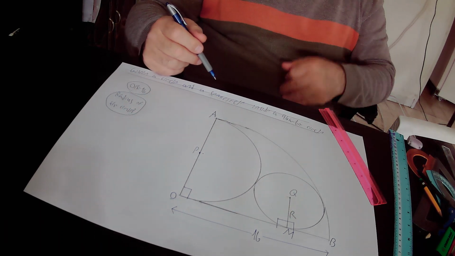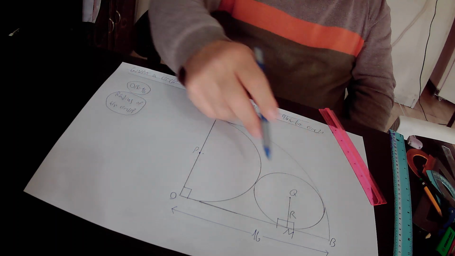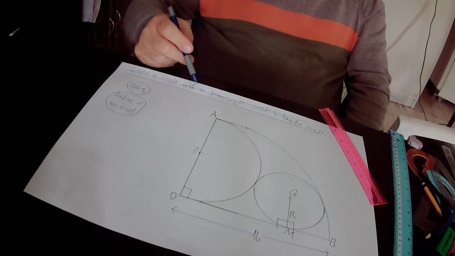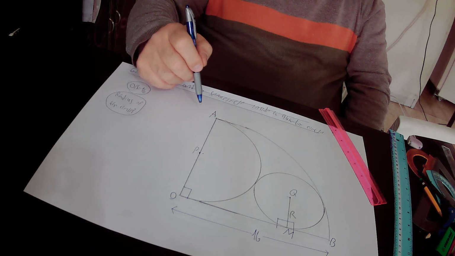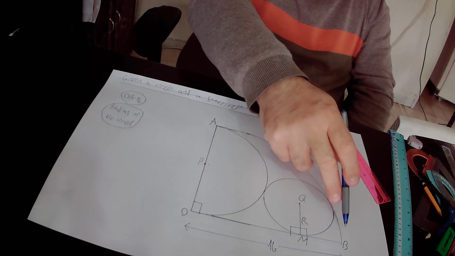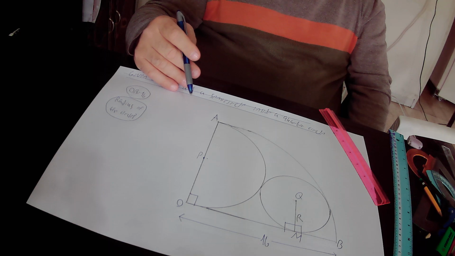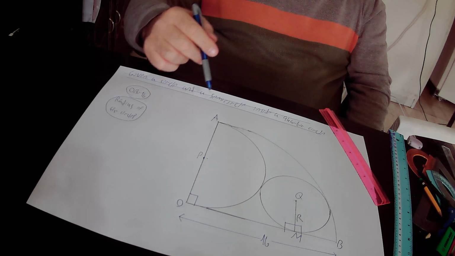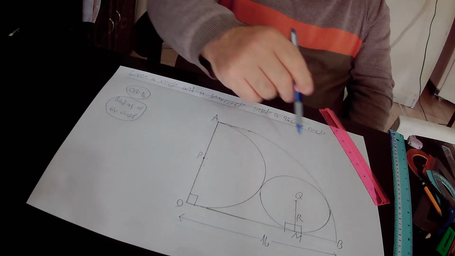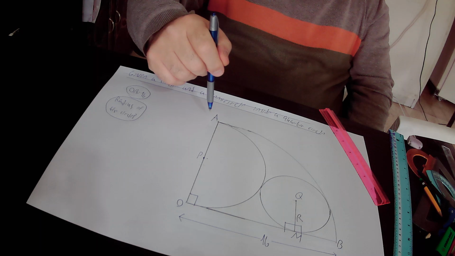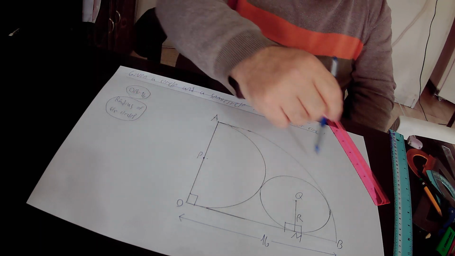So as I mentioned before, AO and OB are both the radii of this quarter circle, which equal 16 units in length. So AO equals 16 and OB also equals 16. Actually, the diameter of this semicircle is the radius of the quarter circle. I repeat again, the diameter of this semicircle is actually the radius of this quarter circle.